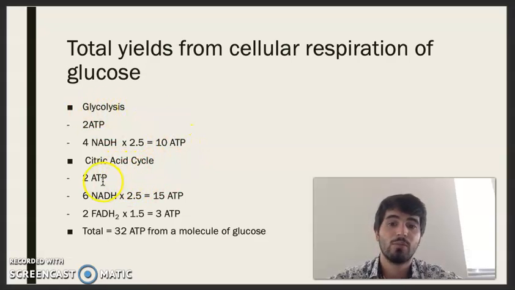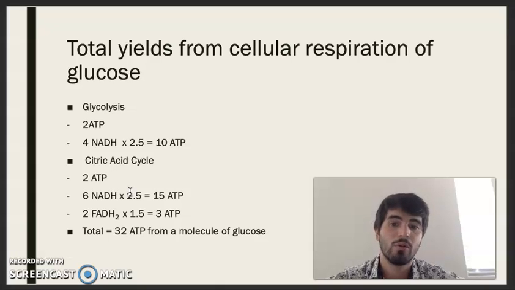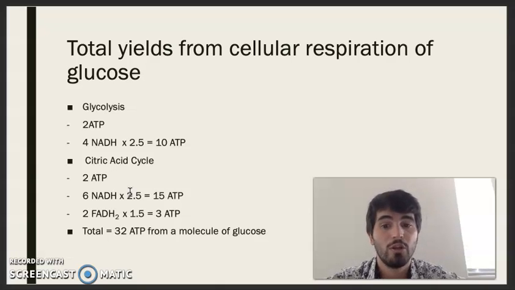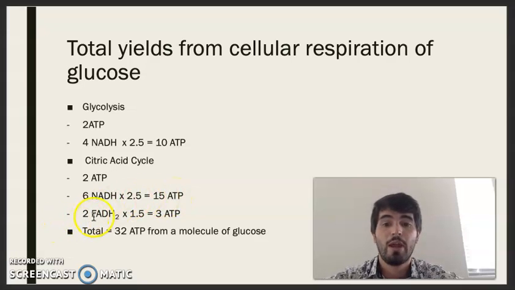The citric acid cycle will give us 2 ATP, 6 NADHs. Remember, 2 pyruvates. You get 3 NADHs per cycle. Since there's 2 pyruvates, you have to go 2 cycles, so you get 6. And you times that also by 2.5, which gets you 15 ATP. 2 FADHs, and that is times 1.5, which gets you 3 ATP, for a total in one glucose molecule of 32 ATP.